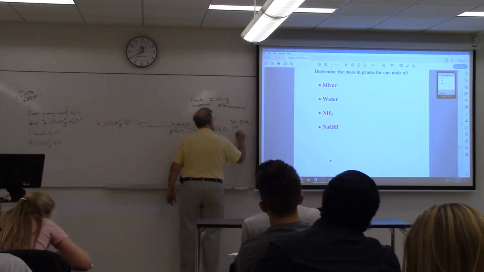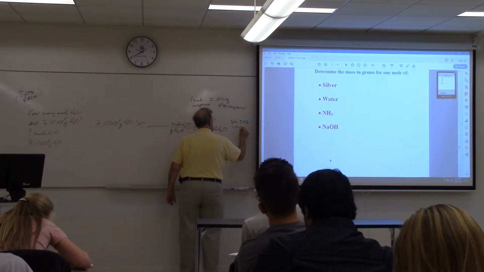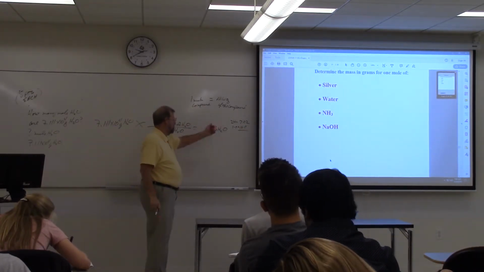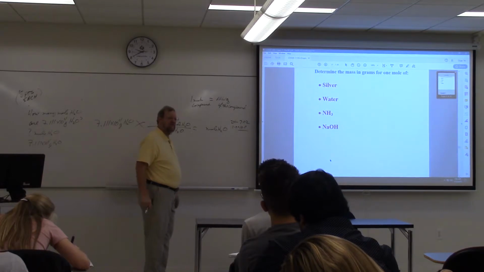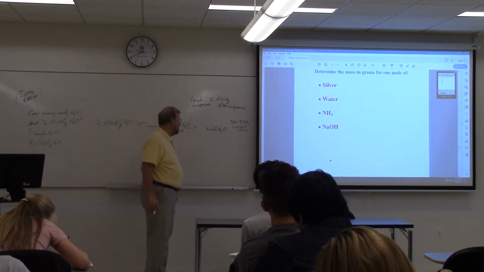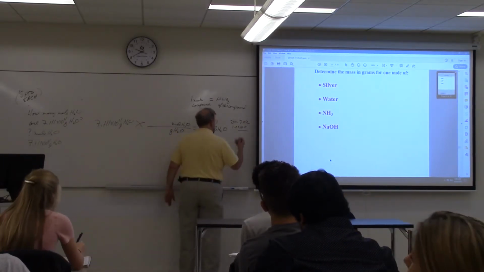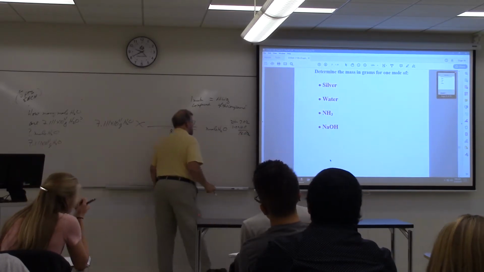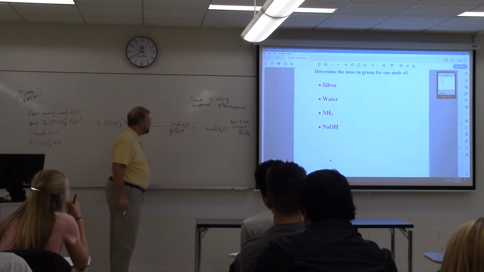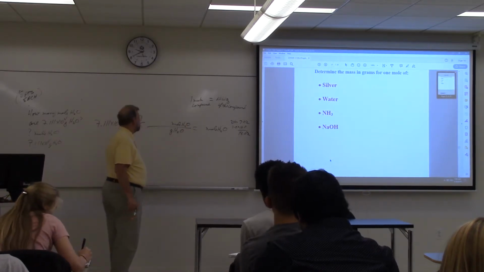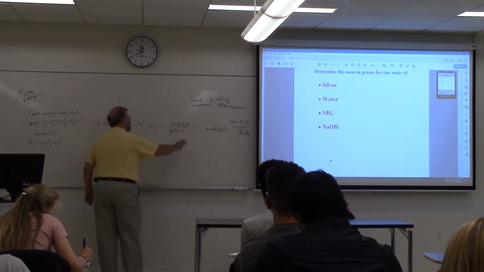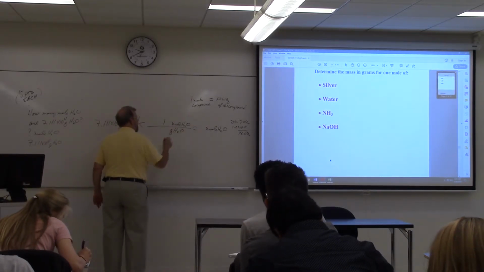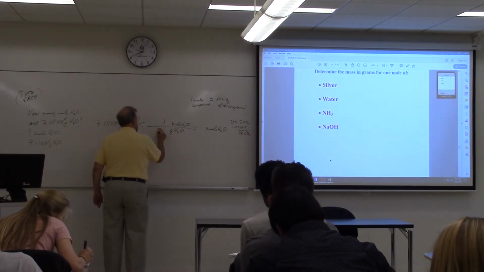I'm going to skip a step because we already did it. 2 times 1.01 is 2.02. 1 times 16.0, the atomic weight of oxygen is 16.0. Add it up, and to 3 significant figures, or 1 past the decimal, that's 18.0. So for every 1 mole of water, how many grams of water are there? 18.0.